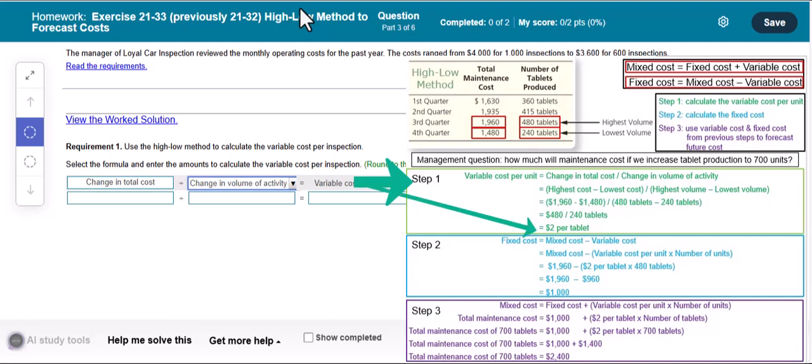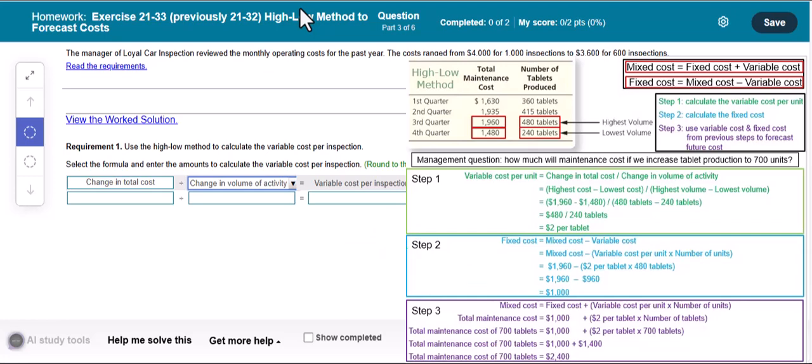So for every tablet they produce, there's $2 of variable cost contributed towards the maintenance cost. In step 2, we found that the fixed cost was $1,000. No matter how many tablets we produce, there was $1,000 of fixed cost.